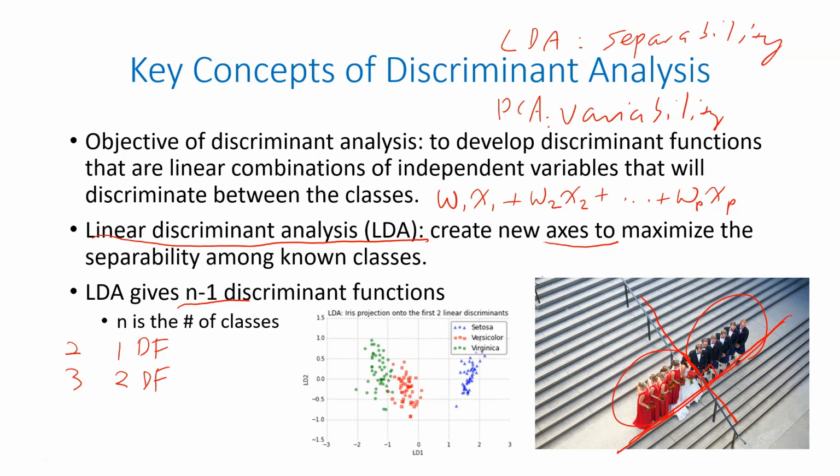But in the picture on the left here, where there are three classes, green, red, and blue, we would need two discriminant functions, which are called LD1 and LD2, to separate them.